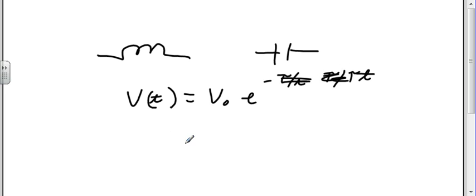So capacitors are charging exponentially as well. That's 41. There we go. We'll do 48 next.